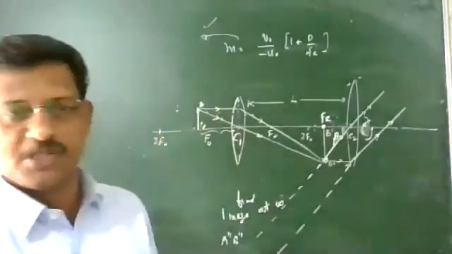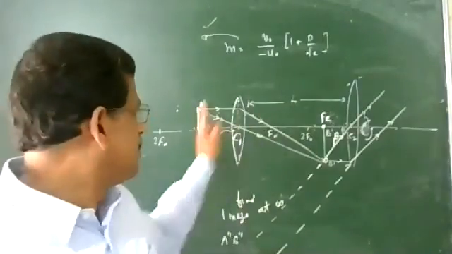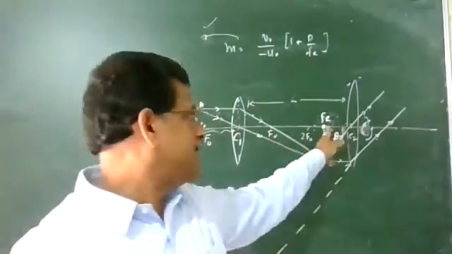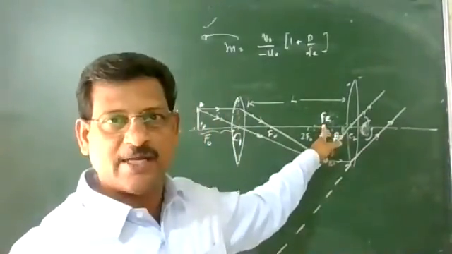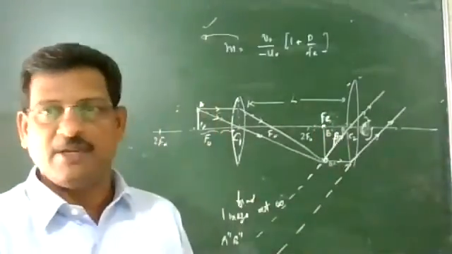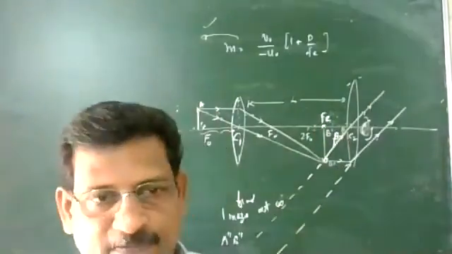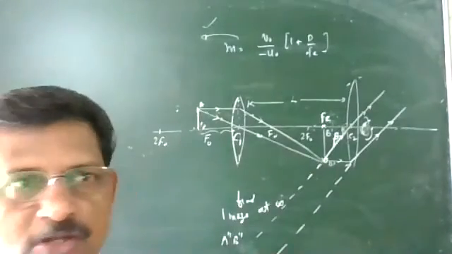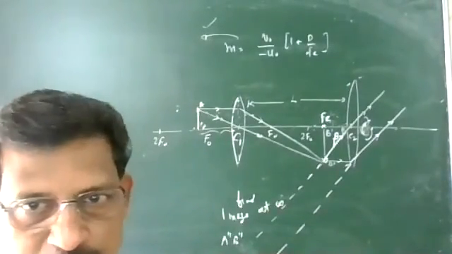So this is the diagram for the normal adjustment. The same part is here, and A dash B dash now has to be at the focus of the eye lens, and these two rays will form the final image. All of you complete this diagram, and we have to see what the magnifying power is in this case.